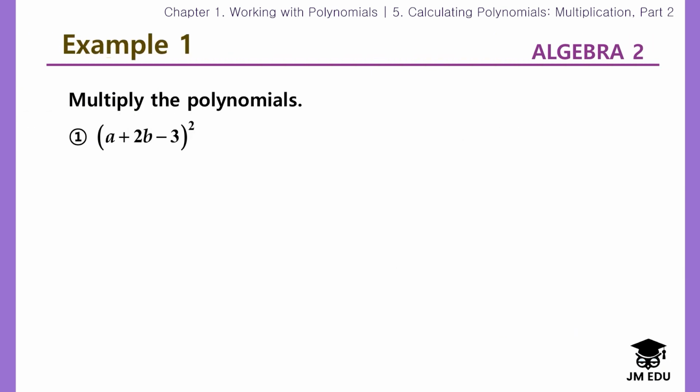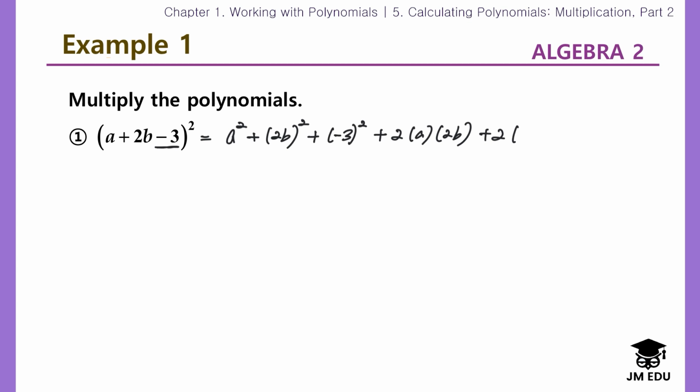Now let's try example number 1. The question is to multiply the polynomials. We have a trinomial square, right? So using the formula, that is equal to the first term squared plus the second term squared plus the third term squared. The third term is 3 with a negative, so negative 3 squared, plus 2 times first term, second term, plus 2 times second term, third term, right?